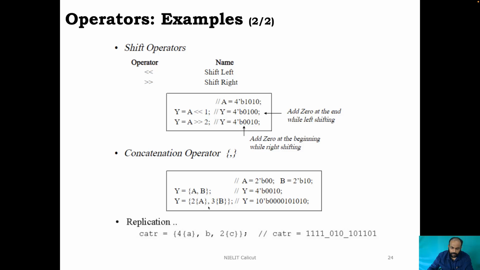Now you are concatenating both using the concatenation braces. So you get A 2 times, 0000, then B 3 times, 101010, and that's the resulting number. How many bits will the number be? 4 plus 6, 10 bits wide. Below is also yet another example of the concatenation operator.